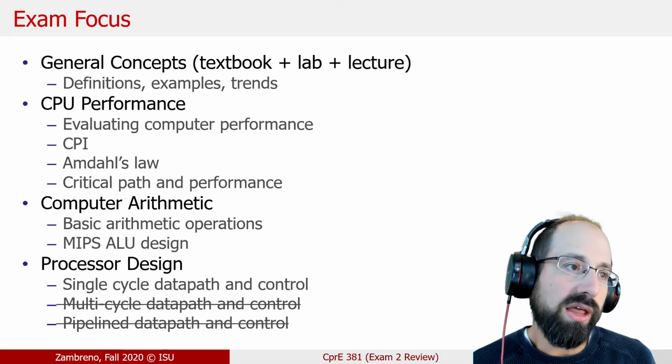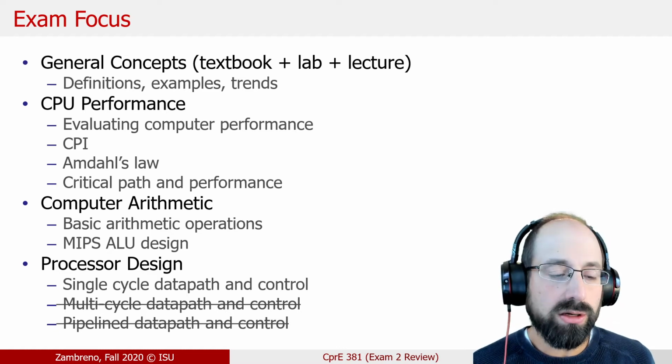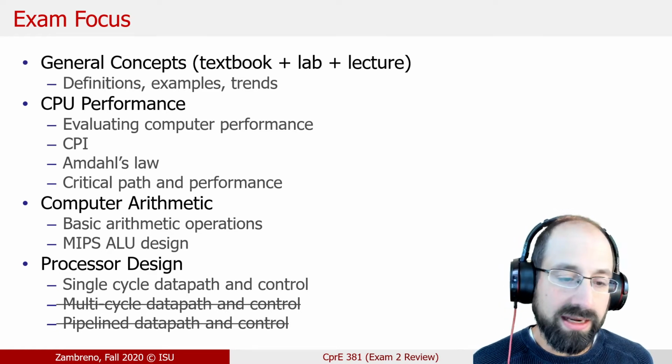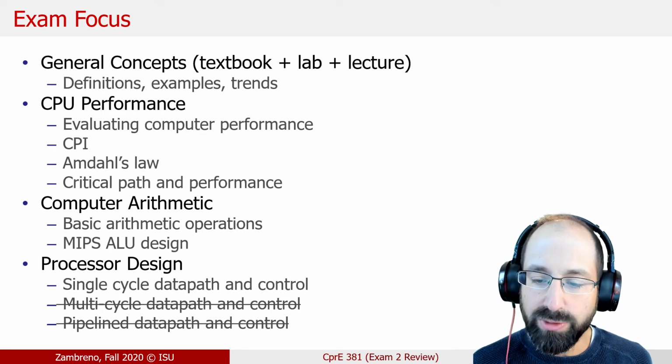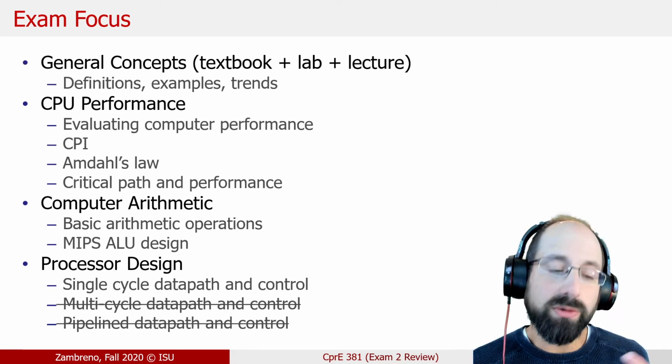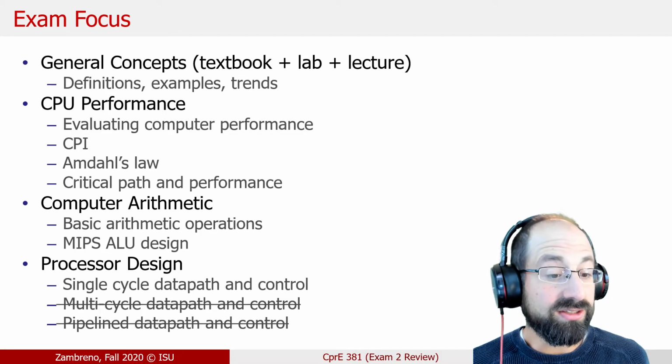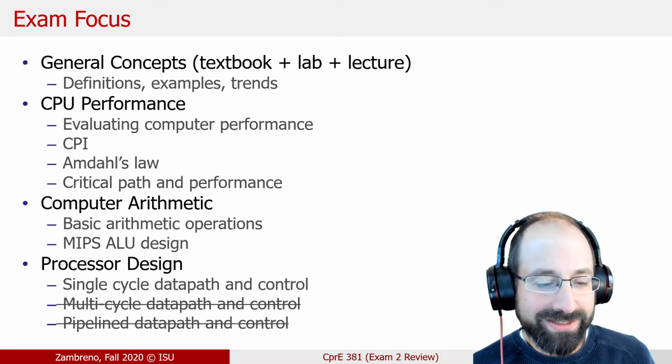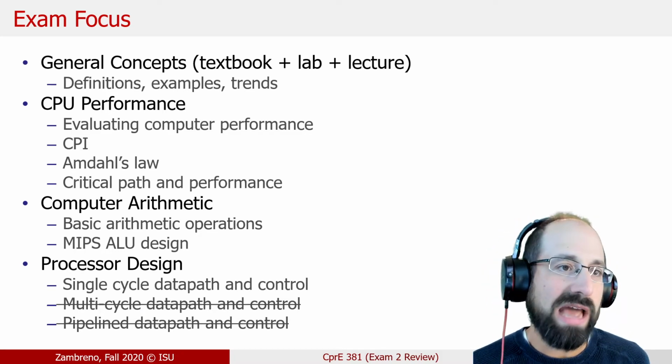So understanding the basic performance equation and how we can manipulate it, keeping track of the units with regards to it, knowing what CPI is and how to calculate it, understanding Amdahl's law, recognizing that a question is an Amdahl's law question. We spent some time on that.